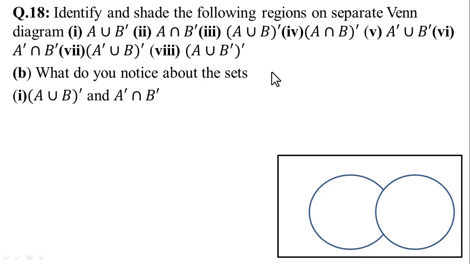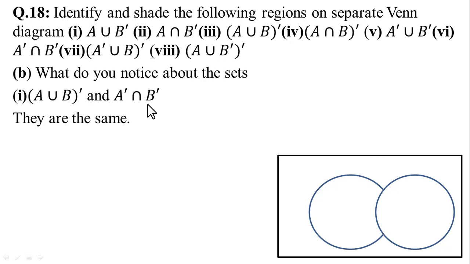Now we have in both parts. Here we can see, what do we note about this set? So the answer of this part is both are same. They are same because A union B whole complement is equal to A complement intersection B complement.